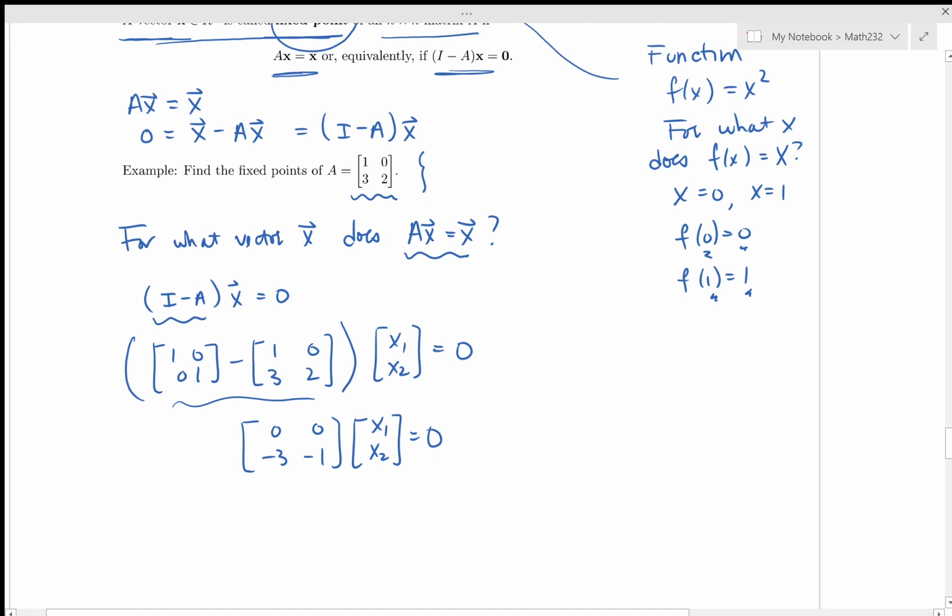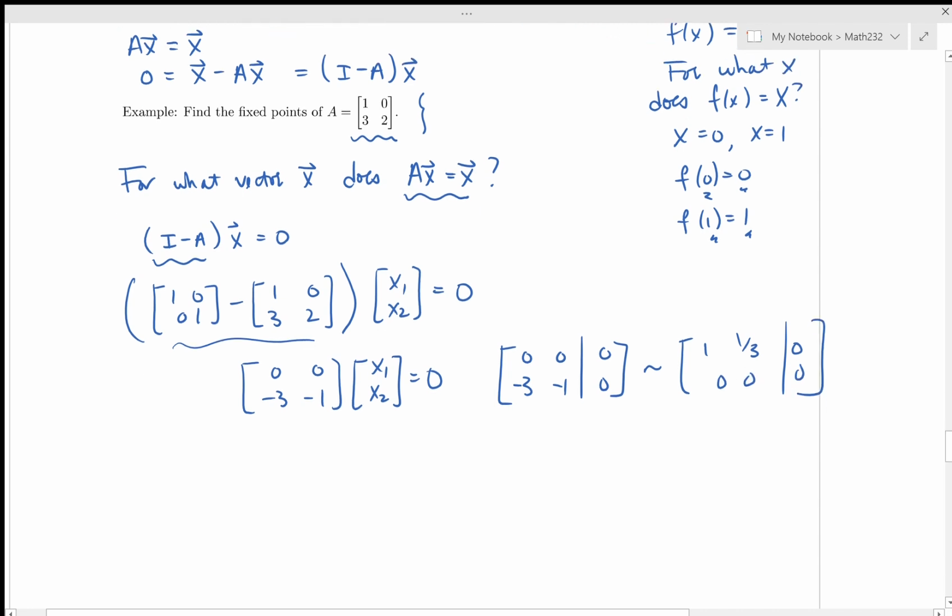I can now put this into an augmented matrix and put it into reduced row echelon form, and then I will be able to answer what x1 and x2 make this true. I do that, and I find out that I have a free variable, x2 is free.